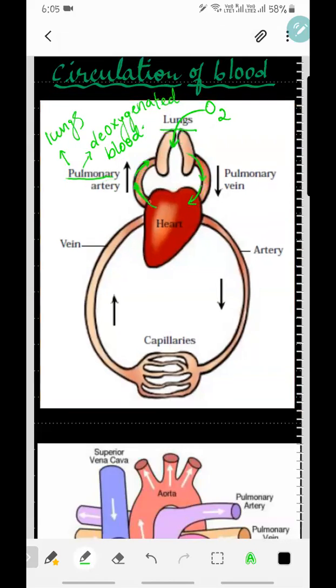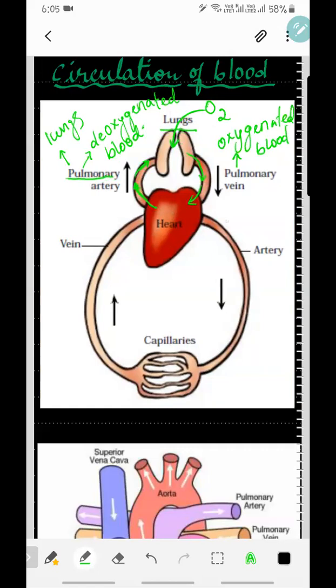Okay, so the blood which is coming out this side, this pulmonary vein, will carry oxygenated blood. Then it will come to the heart.